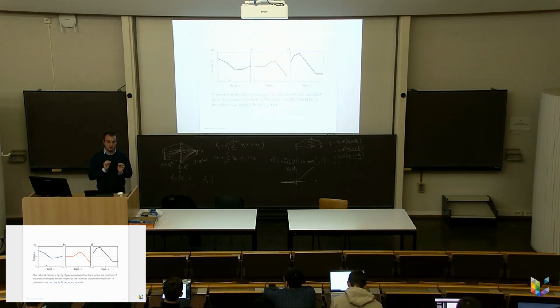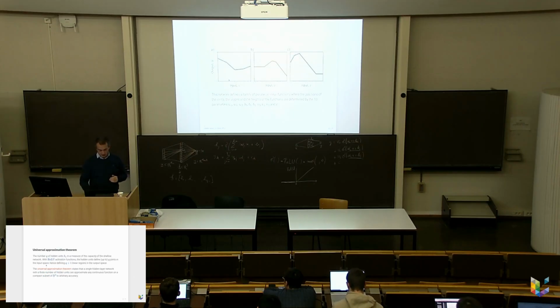Okay? And this may seem trivial, but this is actually very powerful because that means you can approximate any function to arbitrary precision. If you say that you want some approximation error up to, I don't know, 10%, you can just set sufficiently many hidden units until you reach this 10% error.